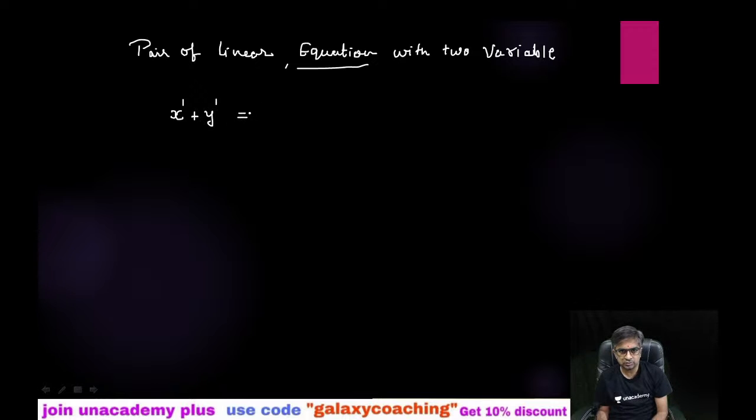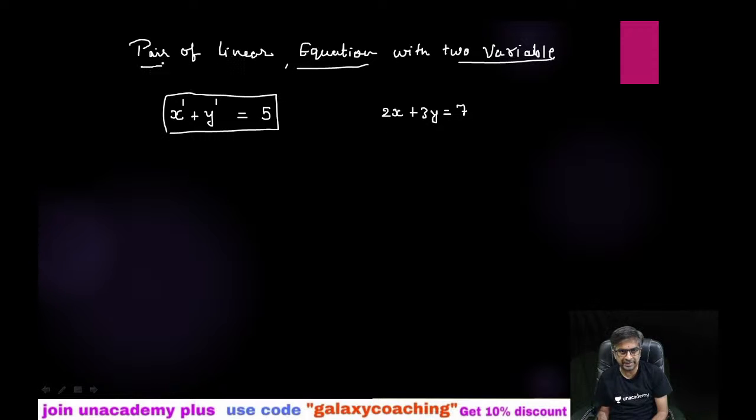So this should be equals to something, let me write down 0 or 5. So now you can see guys, this is a linear equation with two variables, or I can say 2x plus 3y equals to 7. So you can say equation, then two variables.